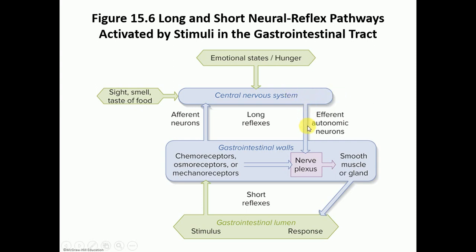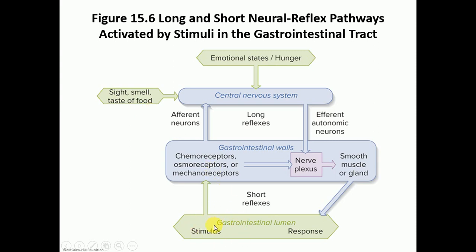And that parasympathetic is going to send impulses to the local nerve plexuses, so your myenteric and your submucosal plexuses, to stimulate motility, to stimulate the smooth muscles, and to stimulate the glands. And that would be your response. Okay, that would be your GI response to that hunger or to that stimulation that happened.